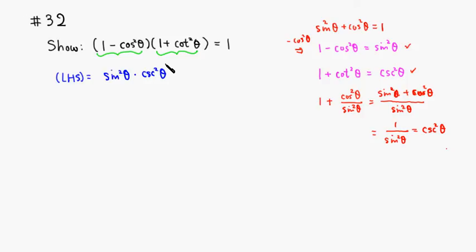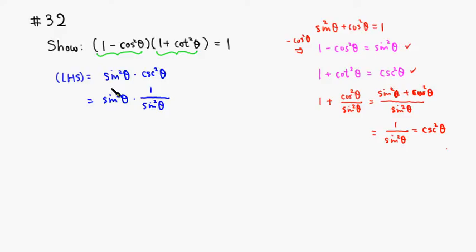Alright? Then remember that cosecant is just the reciprocal of sine, so cosecant is 1 over sine of theta. You have to square that. Square of 1 is still 1.